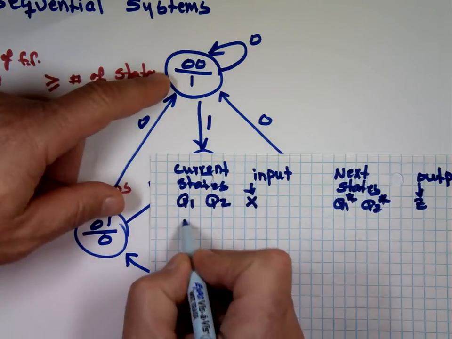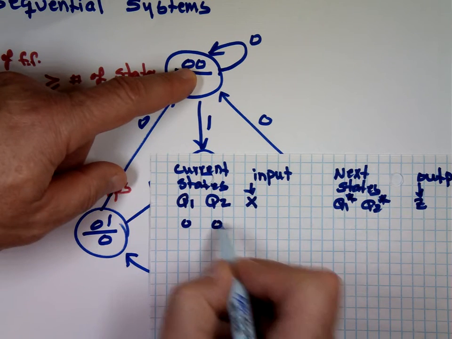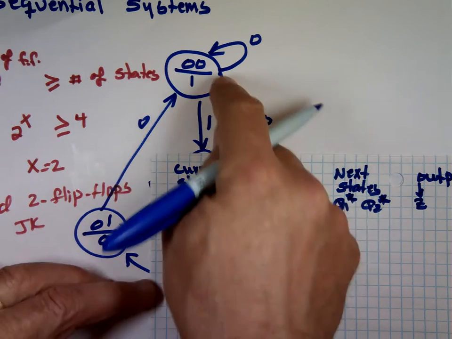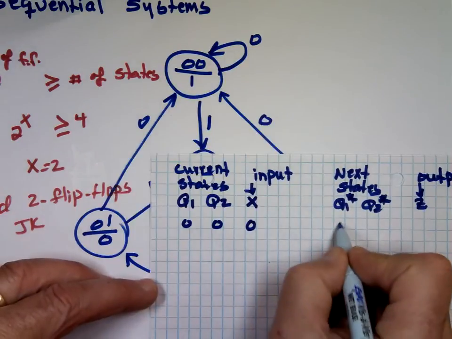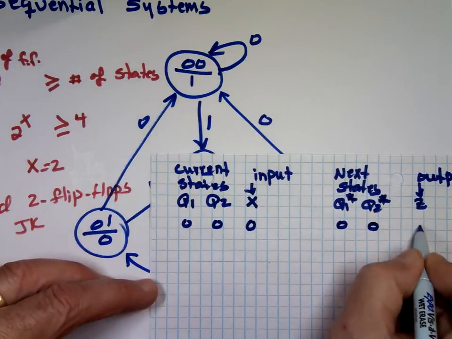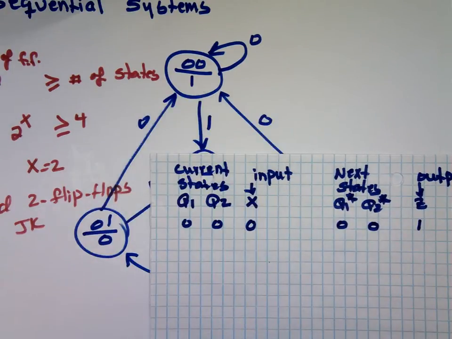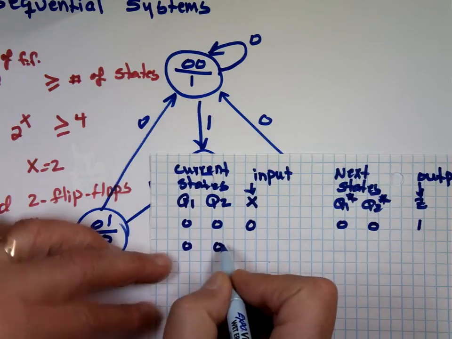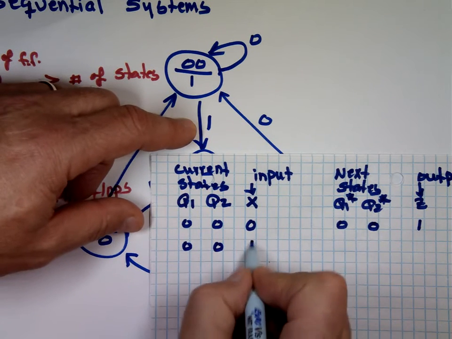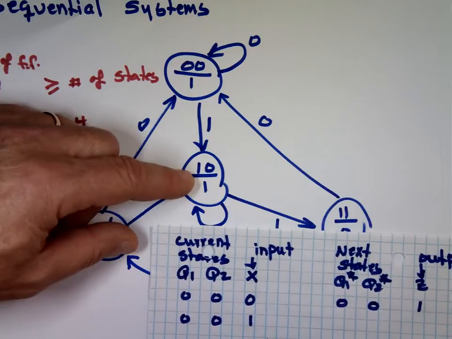Now if I am at state 0, 0, and my input is 0, according to this picture, what happened? You stay there, your next state, right? And do you have an output? Yes, 1. But if I am at state 0, 0, and my input is 1, where do you go? To 1, 0.